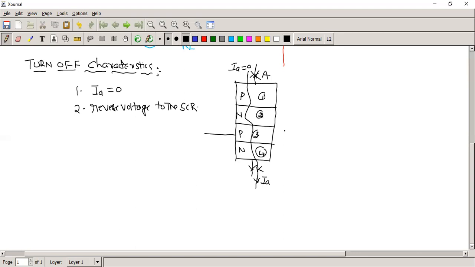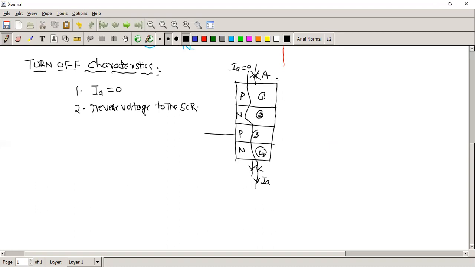Once the device regains the blocking capability, then we are able to control the device. So to have control on the device, it should have reverse blocking capability, which we achieve by applying the reverse voltage to the SCR.